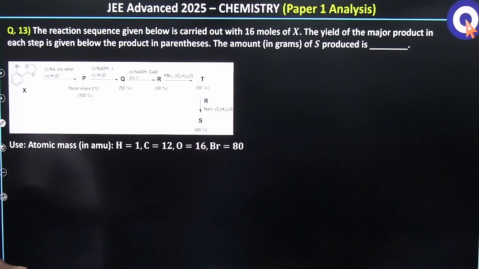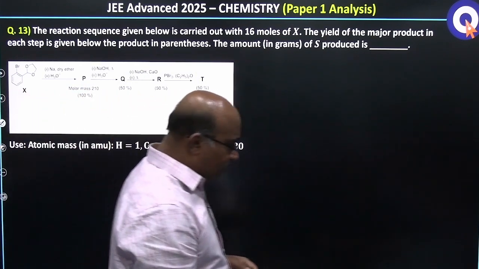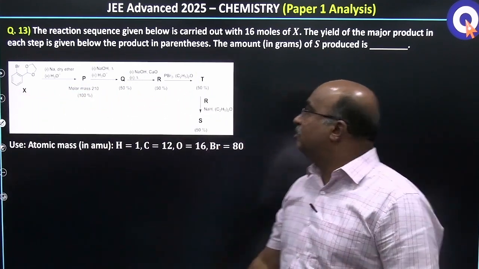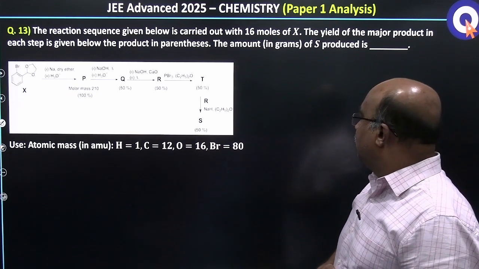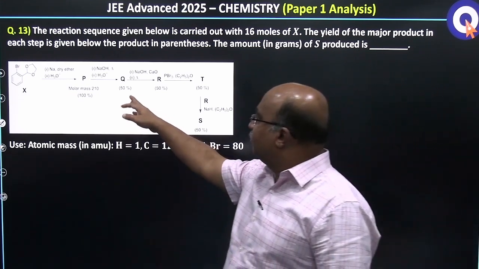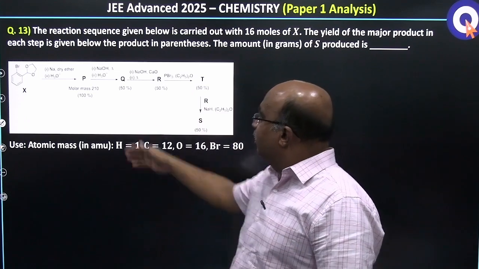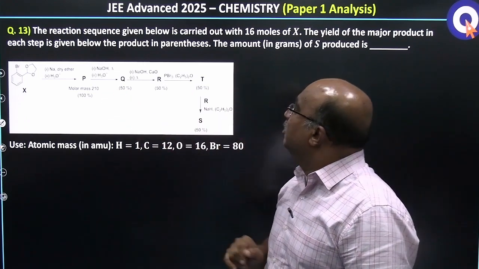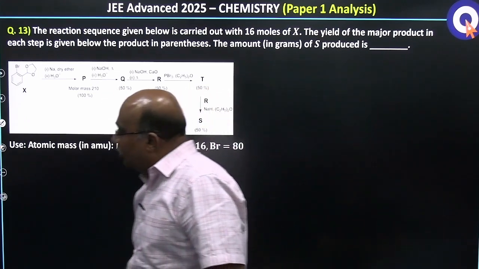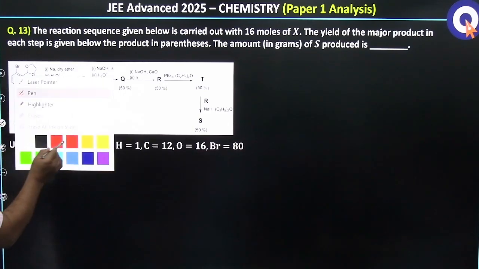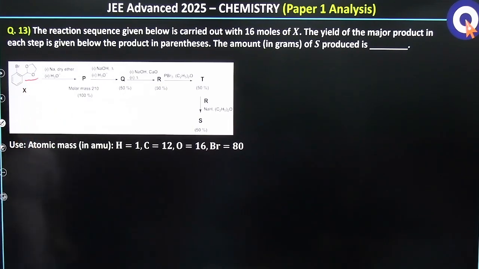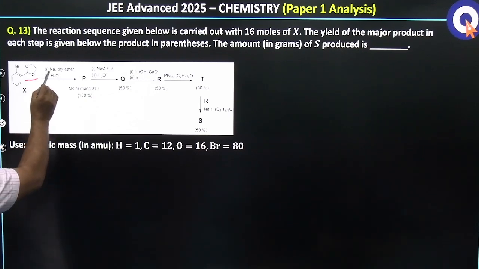Now let us see this. There is a set of reactions, a sequence of reactions. From this, you are getting the yield of the product as 50% here, and here you are getting 100%. So the first reaction is aryl halide, which is existing in the form of an acetal, with sodium in dry ether.